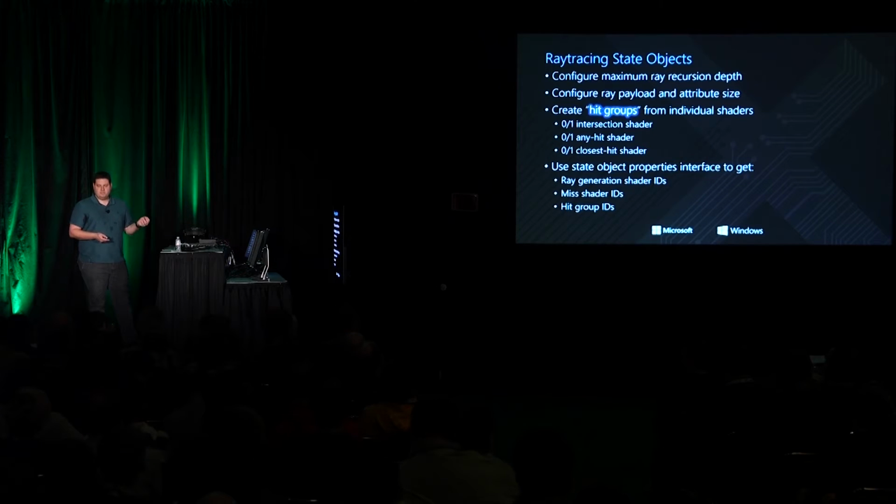So a hit group is comprised of, optionally, an intersection shader, an any hit shader, and a closest hit shader. Now, you can have all of them, you can have none of them. Having none of them wouldn't really do much, but you can. So you use whichever ones you need, and then you compile those together, and then get the shader ID from the state object properties interface, and then you place that into your shader table as the ID.